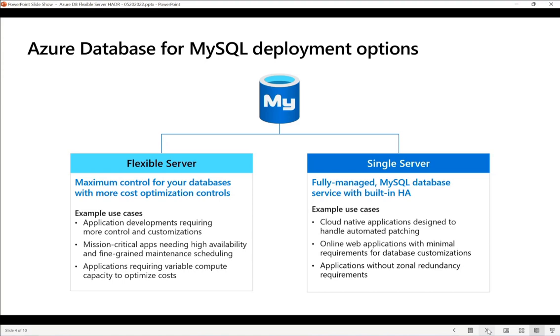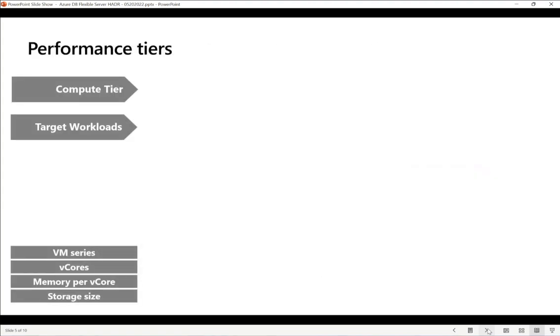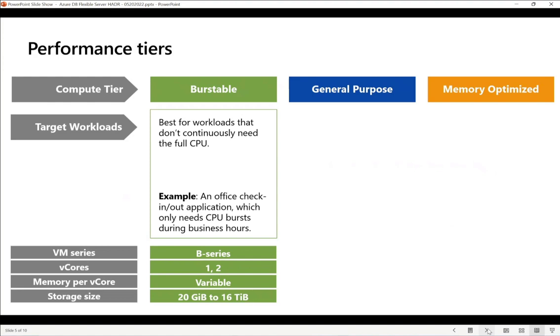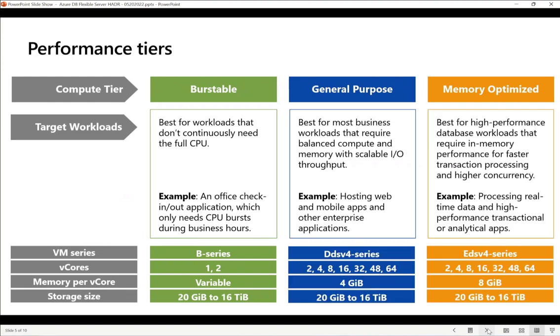So there would be an announcement which we will send to all the customers. And in Flexible Server, we have three different service tiers: burstable, general purpose, and memory optimized. And we covered what are the different compute tiers and storage we support in each of these service tiers. So that's something that can be reviewed in the previous recordings.